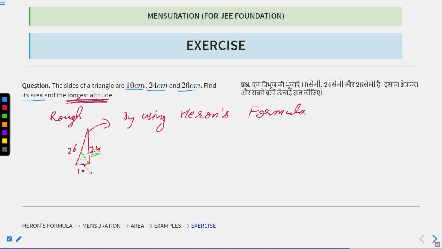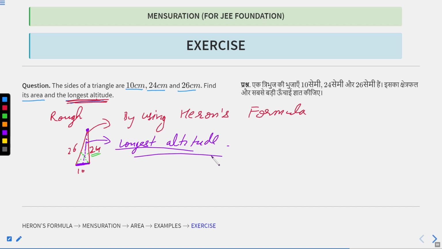If my base is 10 centimeter, and if I draw the perpendicular from the vertex opposite to that side to the line, this will be my longest altitude.